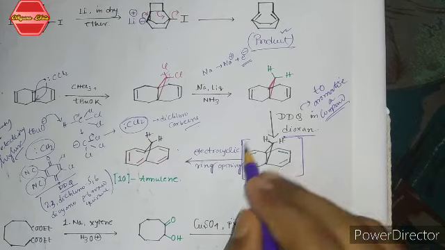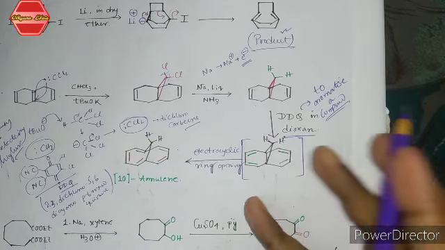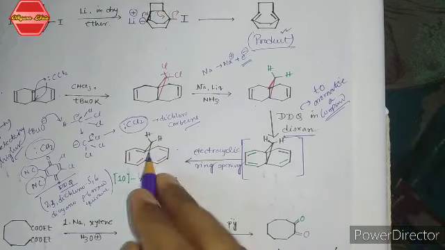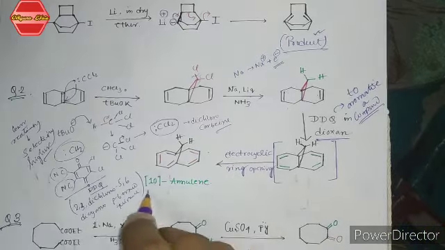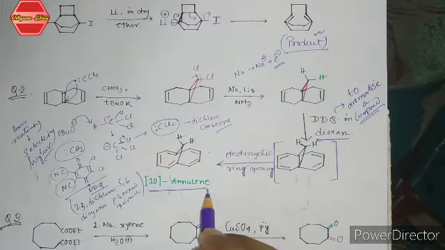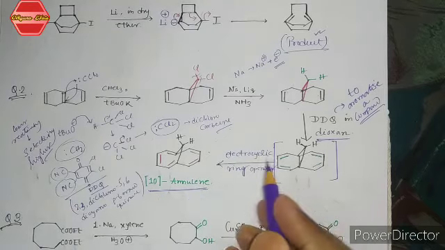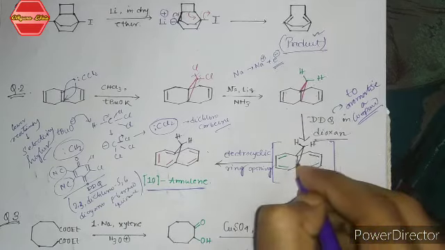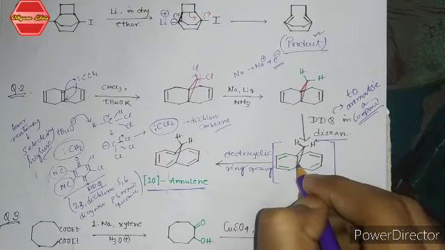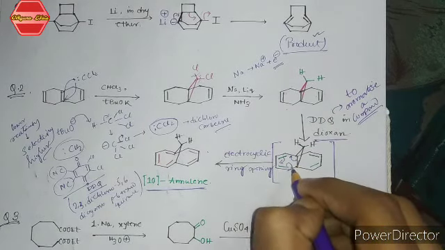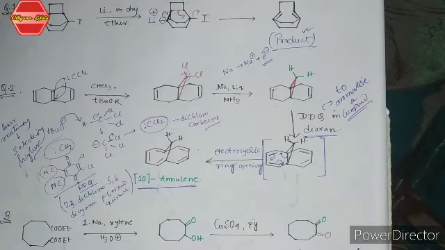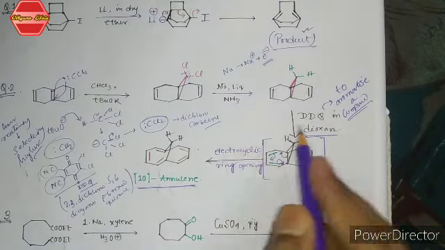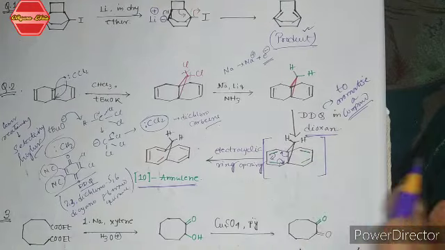Now this intermediate readily undergoes electrocyclic ring opening to form this type of compound, called an annulene system. We all know what an annulene system is, that is [10]annulene. Okay, so this is a bridged position. Now this compound forms readily, and the electrocyclic ring opening takes place this way. Okay, so this is your product from here to here. That's how the electrocyclic ring opening takes place.